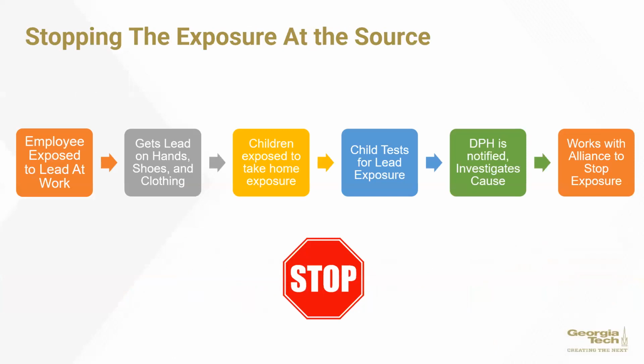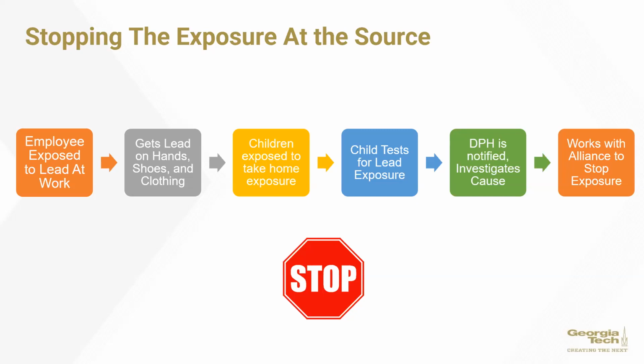And what we're really interested in doing is stopping that exposure at the source, because what happens is when employees are exposed to lead at work and it gets on their hands or shoes or clothing, then their kids could hug them or come up to them and be talking to them and sitting on their lap at the end of the day, and they get exposed. And then what we end up finding out is that a child might test high for lead exposure.